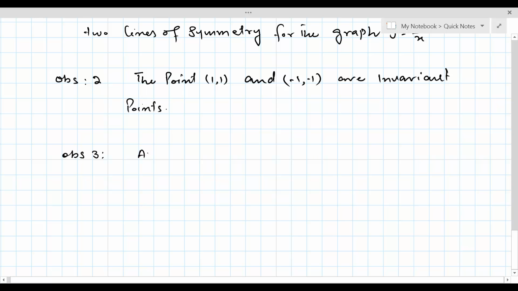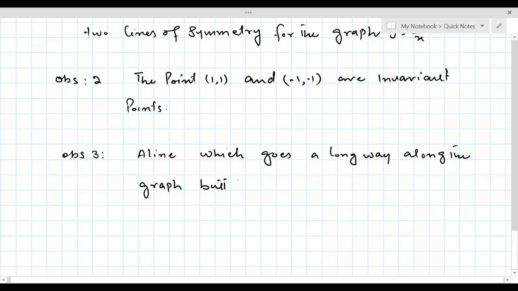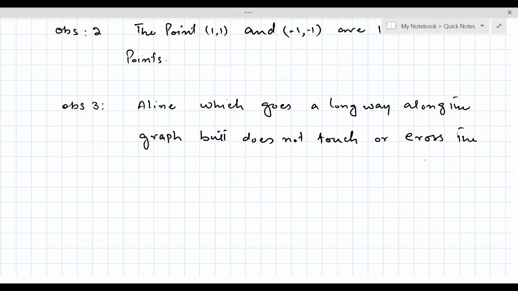A line which goes a long way along the graph but does not touch or cross the graph is called an asymptote.